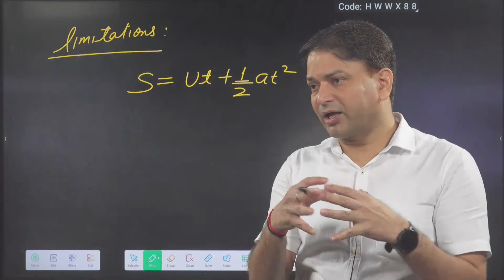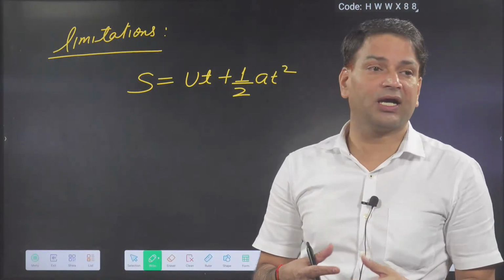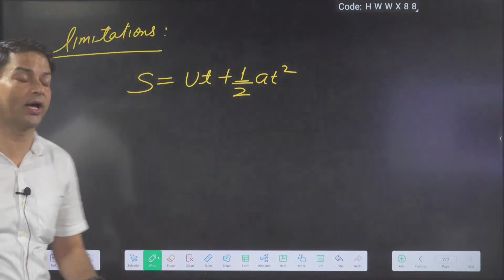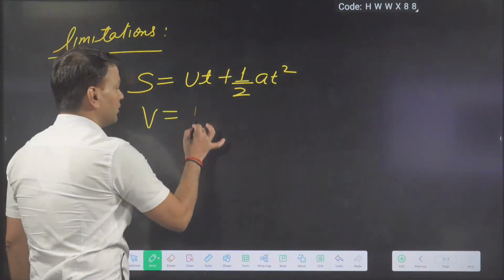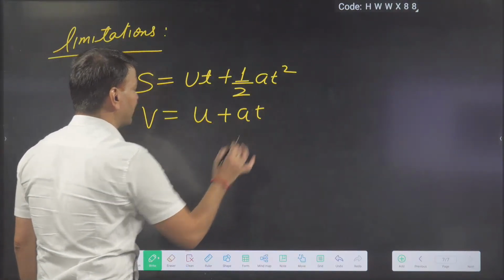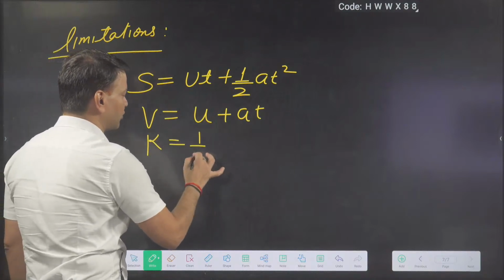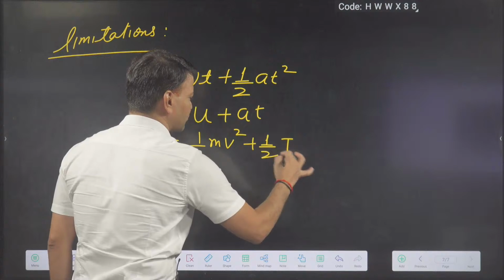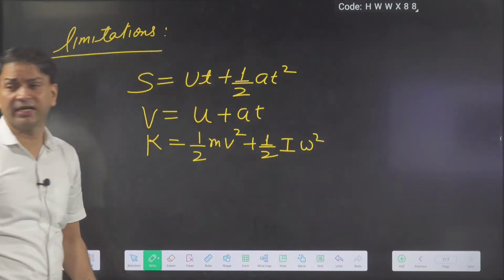So an equation which contains more than one term, like S is equal to ut plus half at square, V is equal to u plus at, kinetic energy of a rolling body K is equal to half mv square plus half I omega square. So many formulas are there.